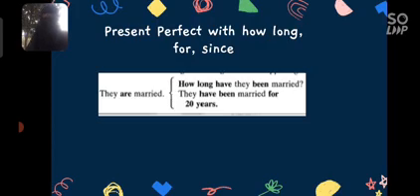So, for how long have they been married? Or, they have been married for 20 years. We use the present perfect continuous to say how long something has been happening, or sometimes the action is a repeated action.